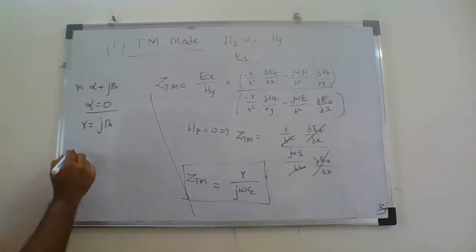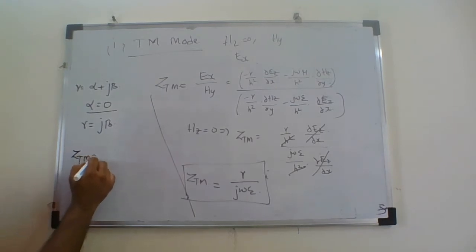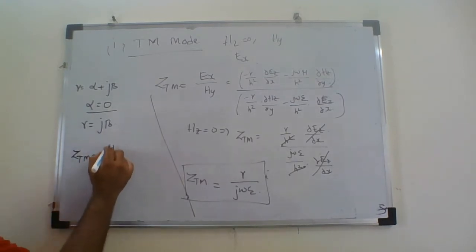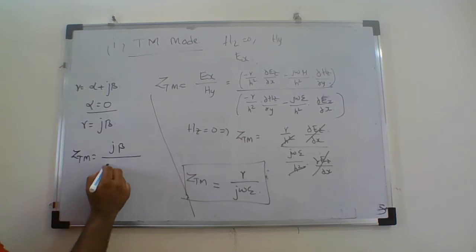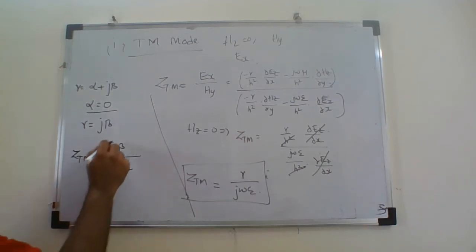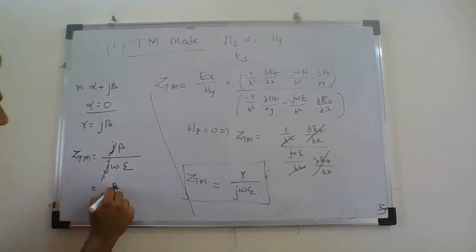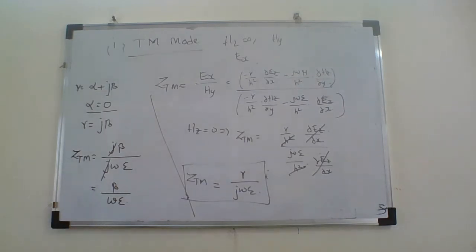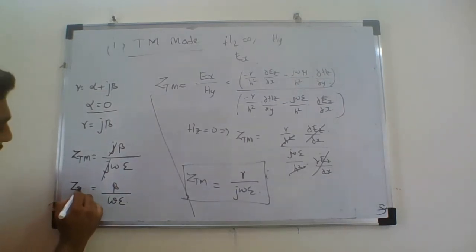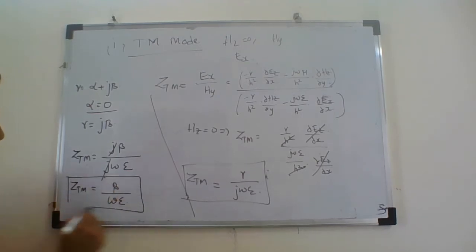Let us substitute that here: ZTM is equal to j beta divided by j omega epsilon. The j cancels, so this becomes beta by omega epsilon. So this is the expression I got.